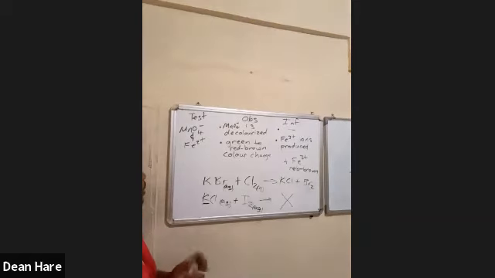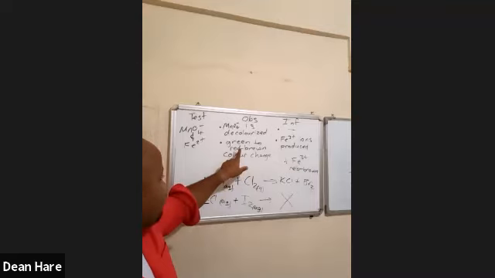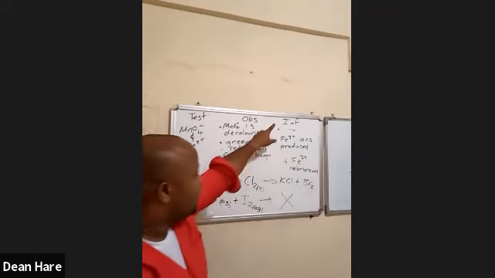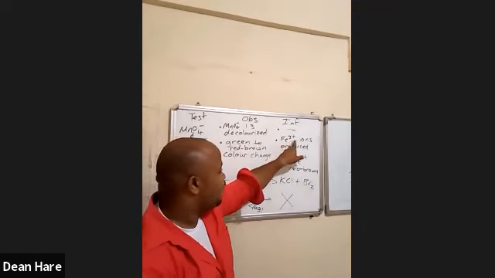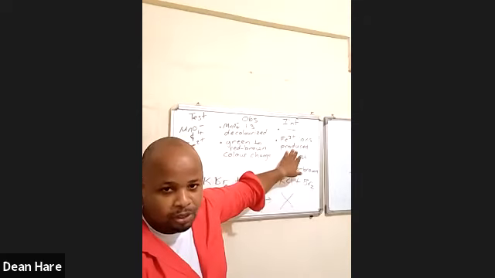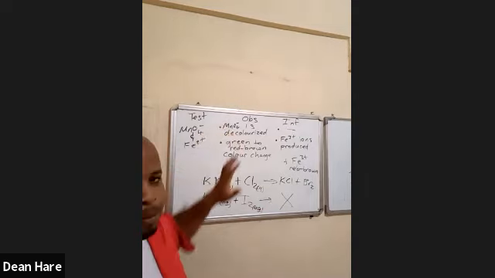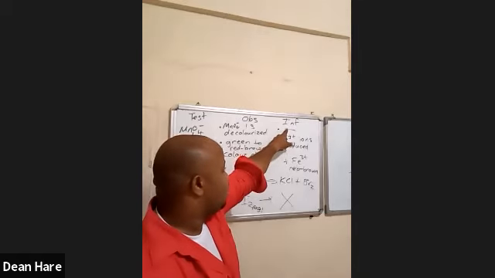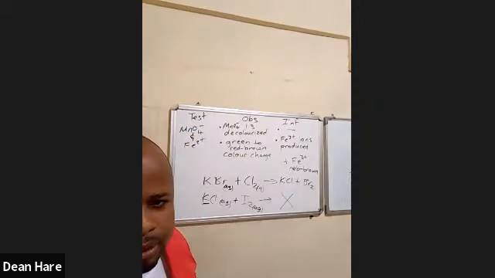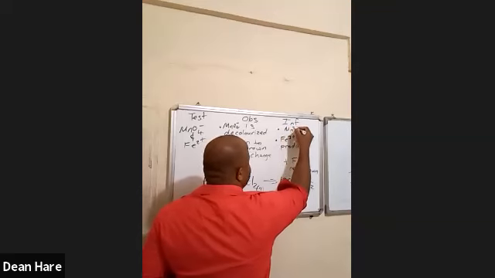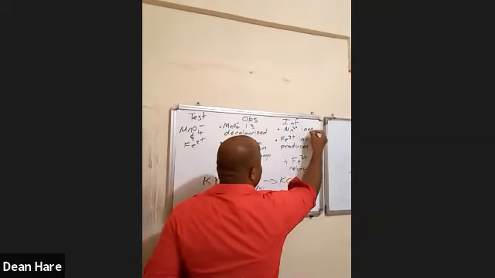Based on these observations, once they saw the red-brown color change, they made the inference that Fe3 plus ions were produced. Now, if the permanganate ion changed from purple to colorless, which other ion was produced? Mn2 plus. Exactly. So Mn2 plus ions produced.